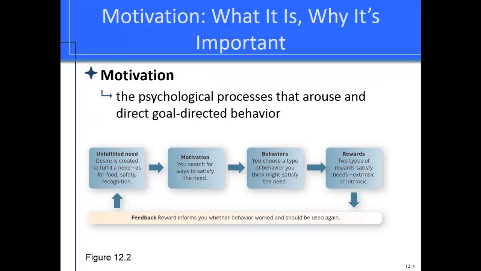Let's start talking about motivation for performance. Now, motivation can be defined as the psychological process that arouses and directs goal-related behavior. People are mainly motivated to fulfill their wants and their needs. Motivation must be inferred from one's behavior. It can't be seen.